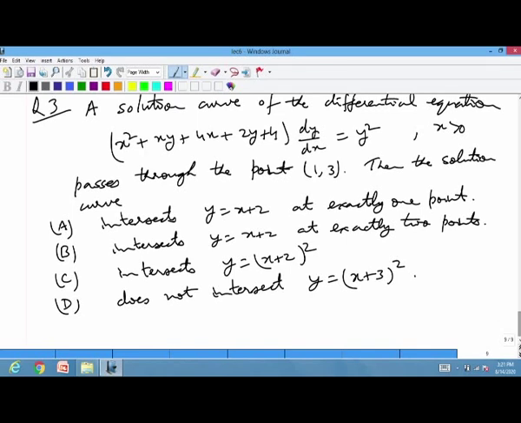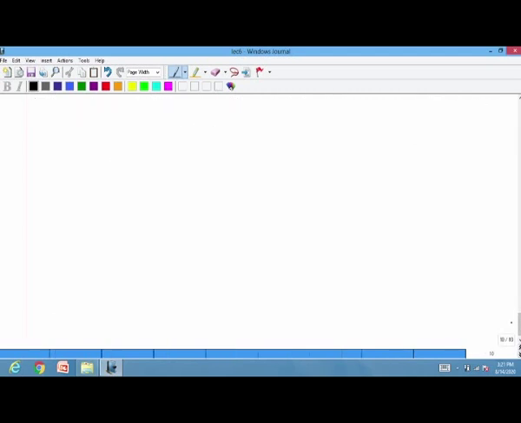So, first we have to solve this differential equation. We are given that dy/dx equal to y square by (x square plus xy plus 4x plus 2y plus 4).